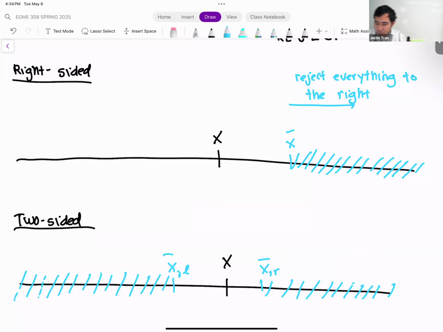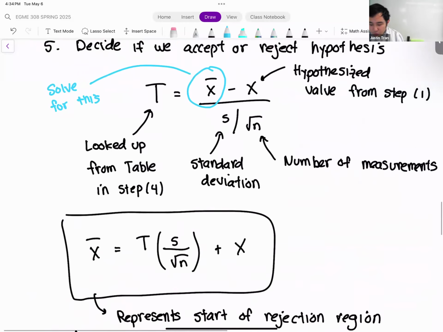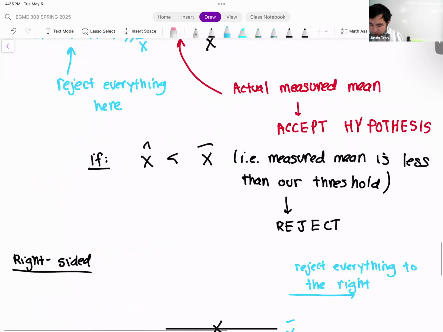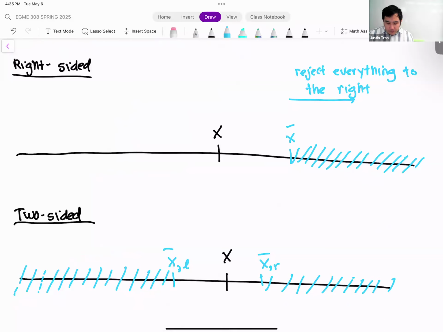With this one approach, you just look up the value of t from the table, plug into this equation, and whatever you get from this equation is your threshold for the rejection region. Any questions on this before we jump into the last example?